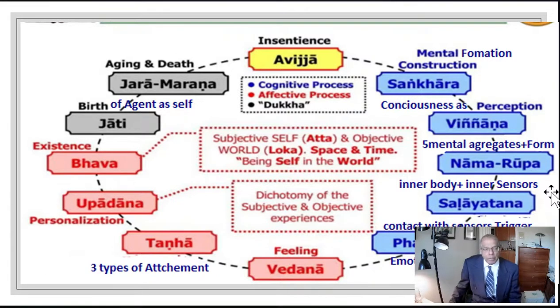In other words, Buddha found that the salayatana is not the external but the internal body. There is a visual cortex, a hearing cortex, a smelling cortex, a tasting cortex. They also go through a refractory period.